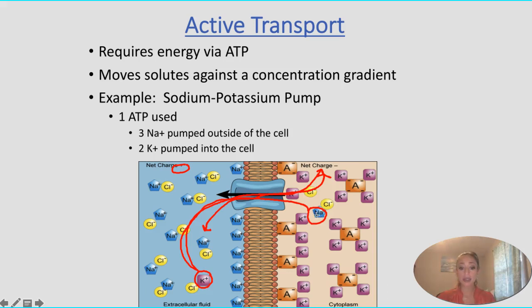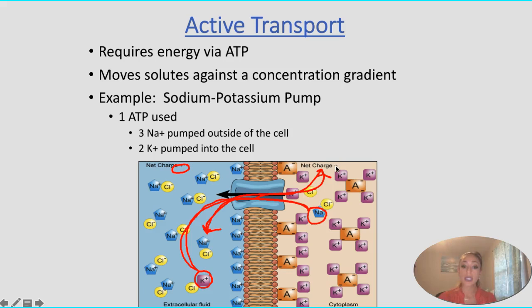Same thing with the sodiums. That's what the potassium are doing. Now the sodium, same thing. It should potentially want to go from an area of high concentration to an area of low, but it's doing the opposite again. It's going from a low solute concentration to an area of high solute concentration. And it's also going against its membrane potential.